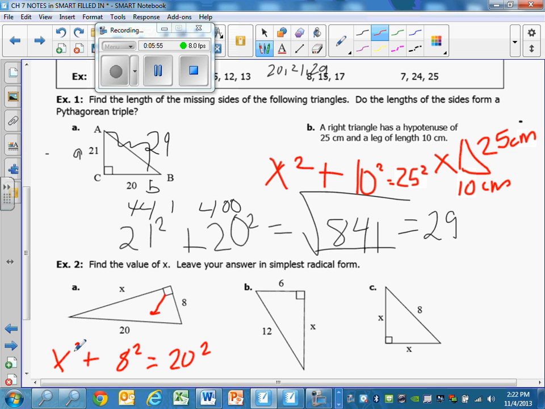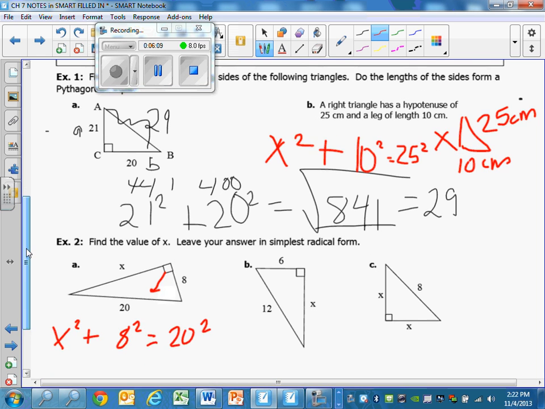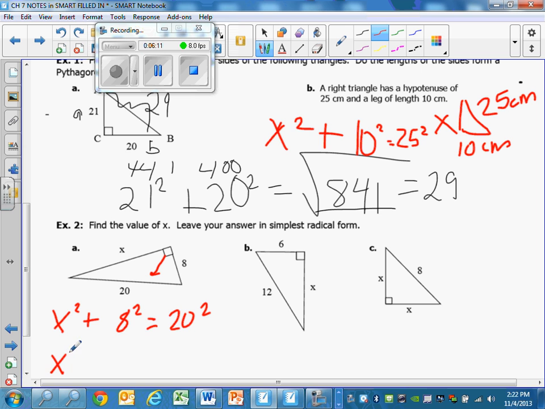So something plus 64 equals 400. Well, 400 minus 64 is 336. So I know x squared is 336.